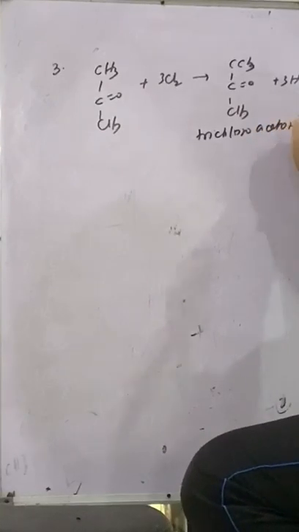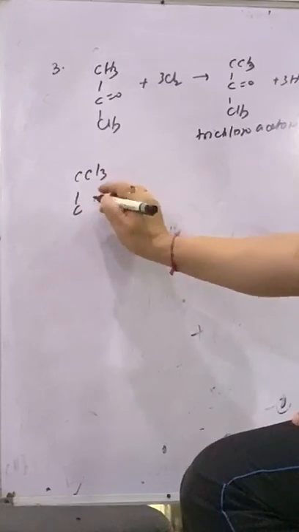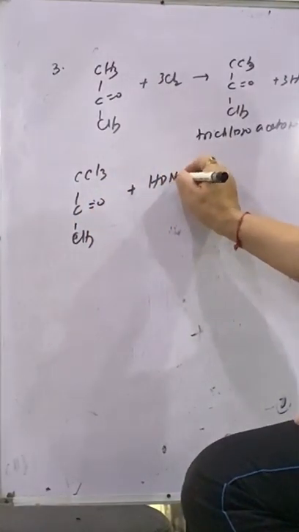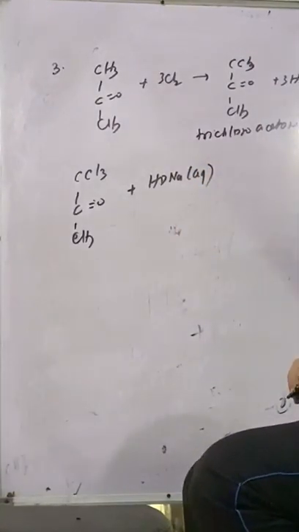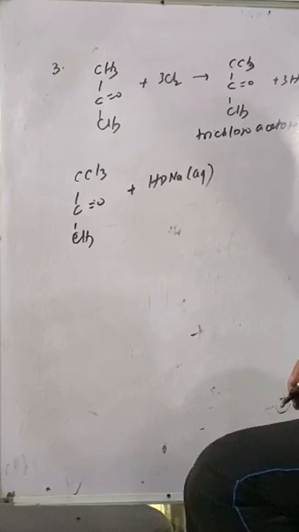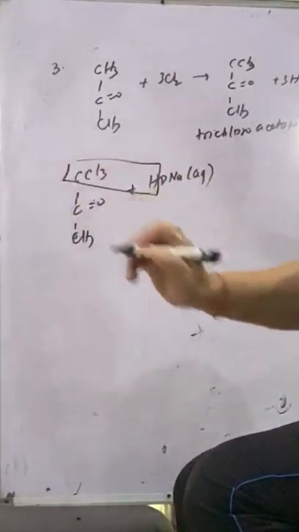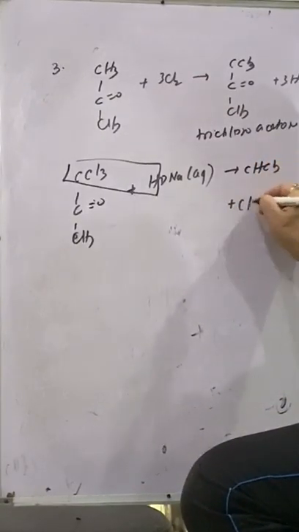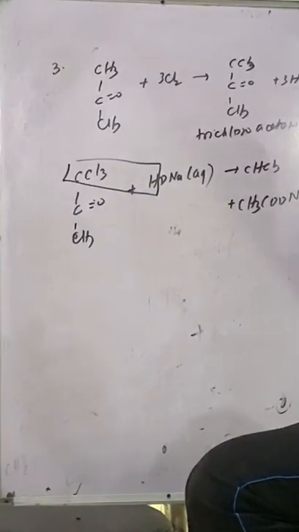Now you have CCl3COCH3 and NaOH in aqueous form. So instead of bleaching powder, we are putting NaOH. There's a basic difference between the two. So CHCl3 will be out, and CH3COONa is obtained. This is another method of preparation.